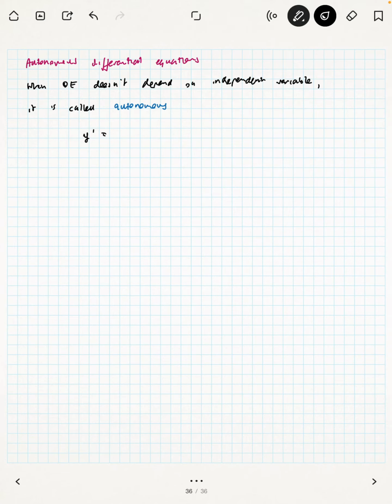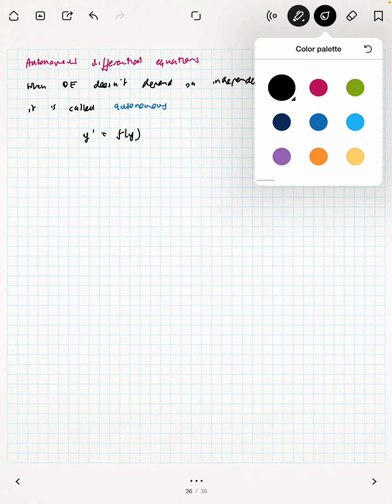And so it has the form y prime equals f of y in the first order. All of these that we're talking about are first order. So the result is the direction field that corresponds to this DE is going to have identical solution curves when we shift them horizontally, right?